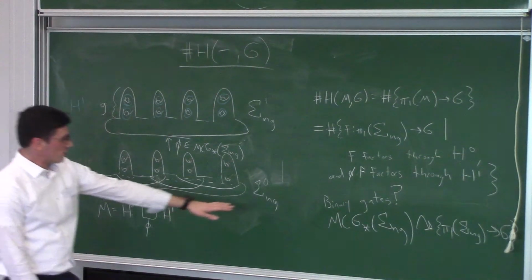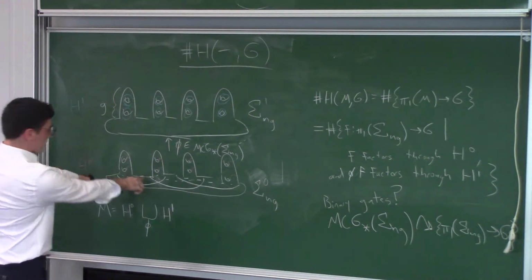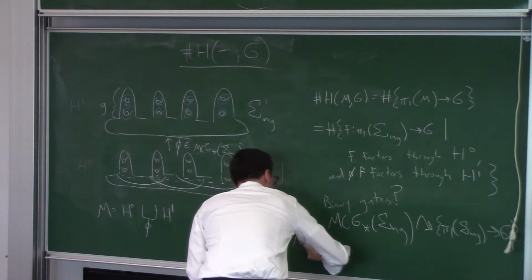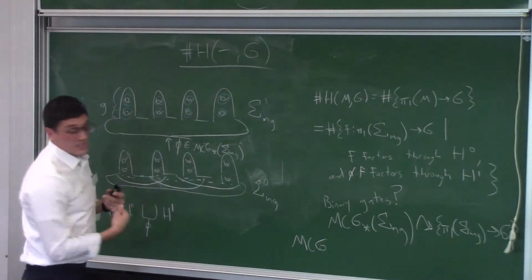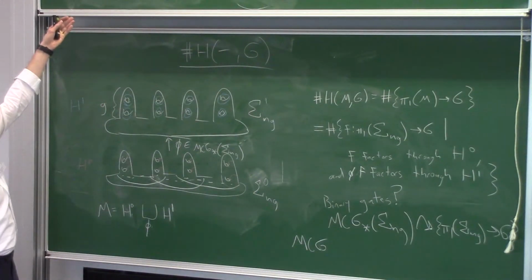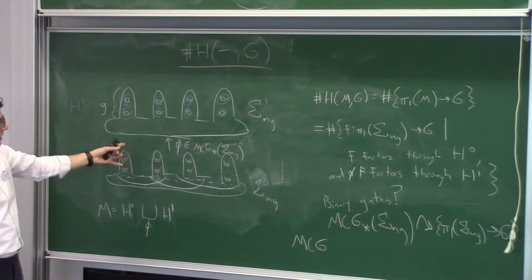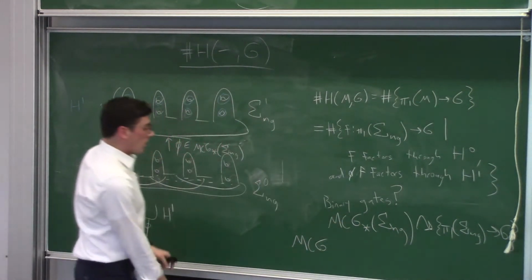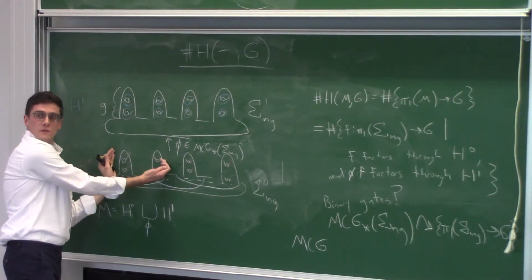So first of all, we want binary gates, and the way we do that is to break up the surface like this. So what we really need to understand are gadgets. If we want to replace an AND gate with some mapping class, we need to understand the mapping class group action of these smaller computational subsurfaces.